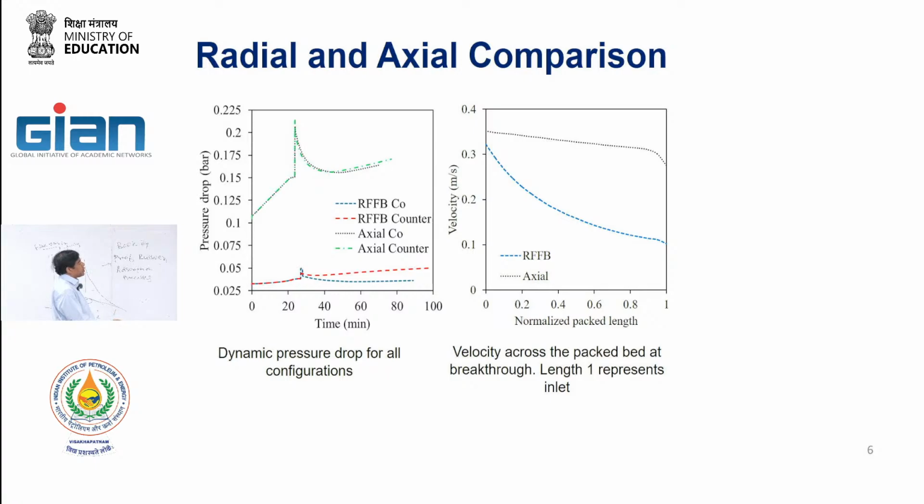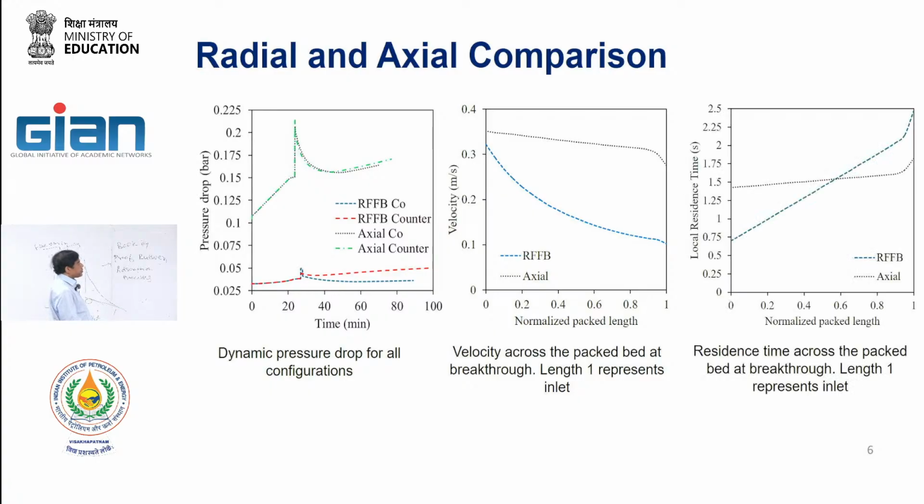Velocity, this is an interesting observation also. You notice that for the axial flow bed, this is the velocity here, but for the radial flow bed, with respect to the length, there is a very big difference in terms of the velocity. This is near the outer annulus, as you would expect, and then it can speed up.